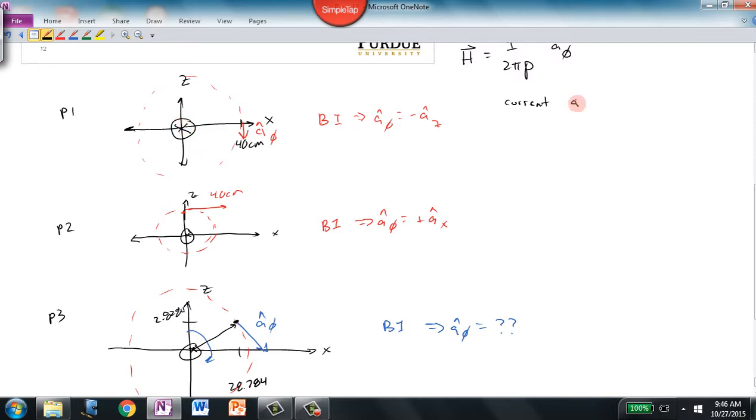So AC, which is the direction that the current is flowing in, is just equal to A hat y. And the unit vector pointing from the current element to the point in space that we want to measure is A hat r, and that is just pointing purely in the x direction.